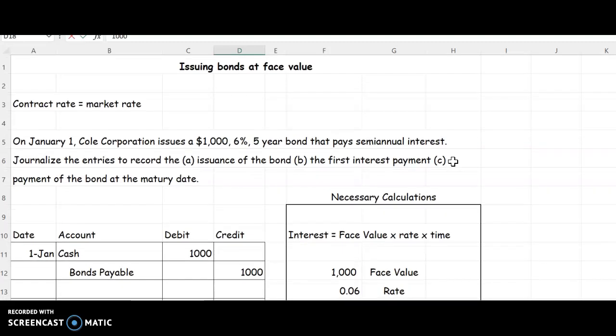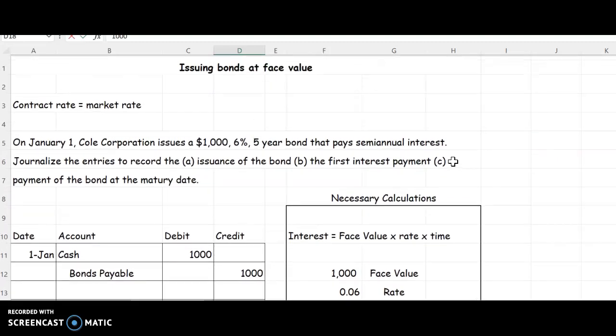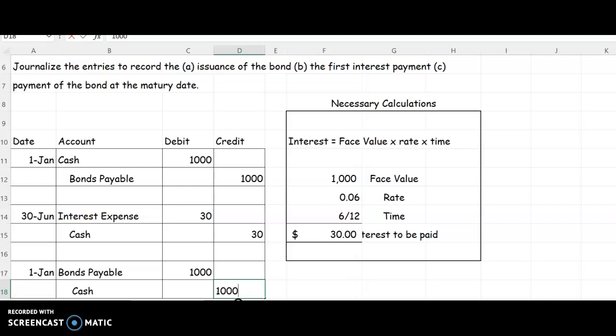So always start with this video and getting this down before you do the premium and the discount. So it's borrow the money, pay the interest, and then repay the bond. And you might want to write that down.